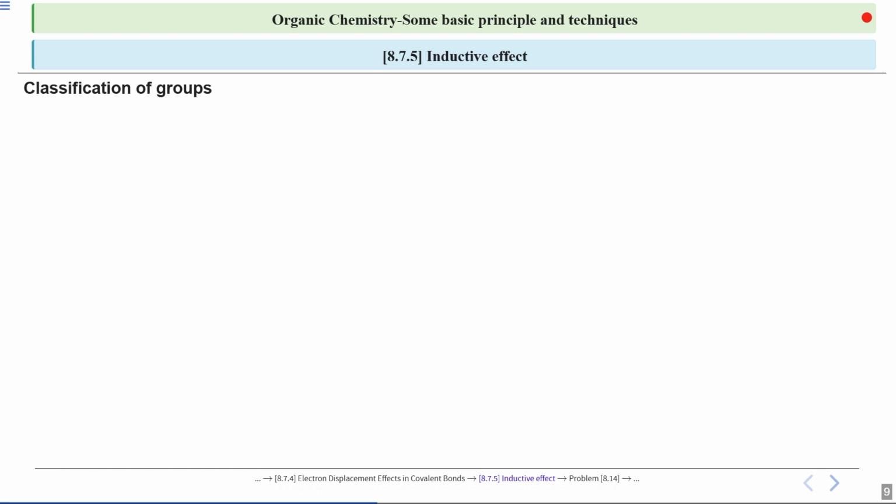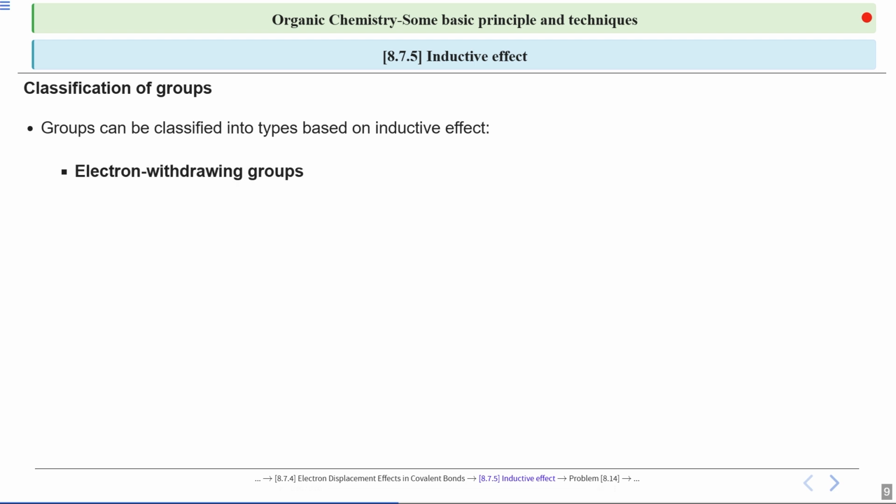Now moving on to classification of groups. We have tried to classify groups on the basis of the type of inductive effect they show. On this basis we have 2 types. The first type is electron withdrawing groups, and the second one is electron donating groups.